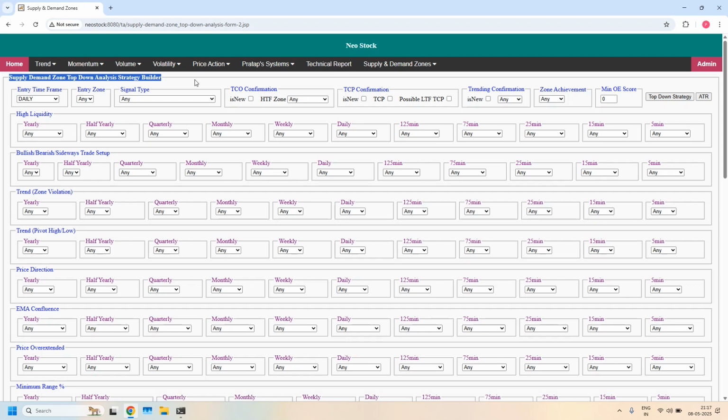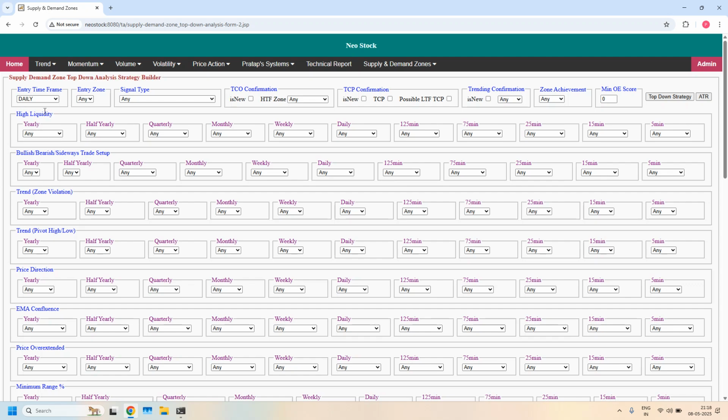Then we will generate finding the stocks near demand and supply zones for different time frames, and also above daily time frame we will also find price closed inside the demand and supply zones. And finally, at the end of the report, I will generate stop buffers based on daily ATR. So please remember this order.